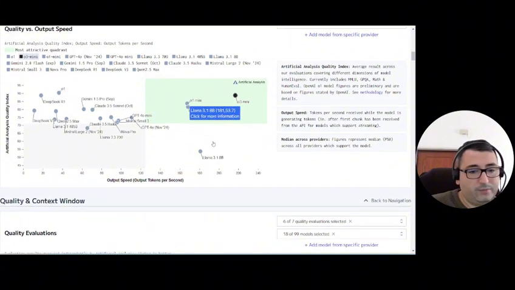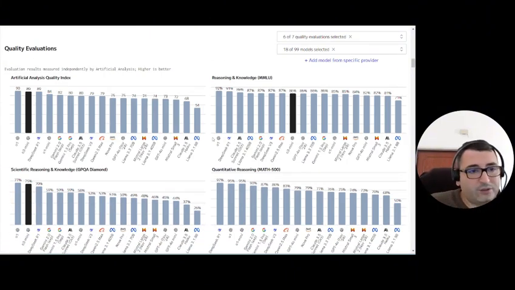And also the quality. Here we have some quality evaluations, which are more generic, based on different benchmarks. For example, the Artificial Analysis quality index, reasoning and knowledge, and scientific reasoning and knowledge. We can see that in terms of the Artificial Analysis quality index, the O1 and the O3 are the best.